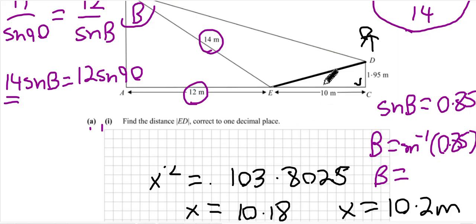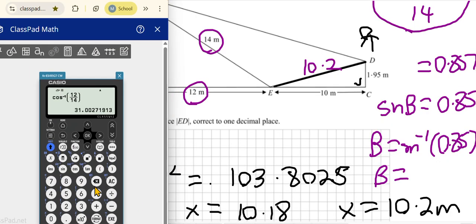So guys, we're going to shift. 58 point. Give me a sec. I think you might have rounded that one off, Bobby. I think it might have been 0.857. Yeah, so sine inverse 0.857 instead.